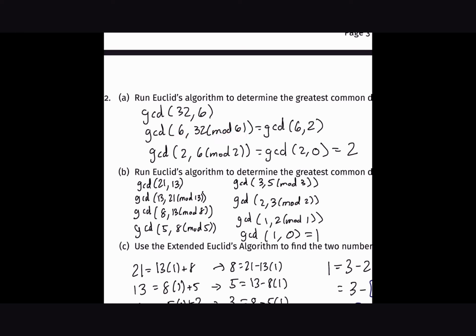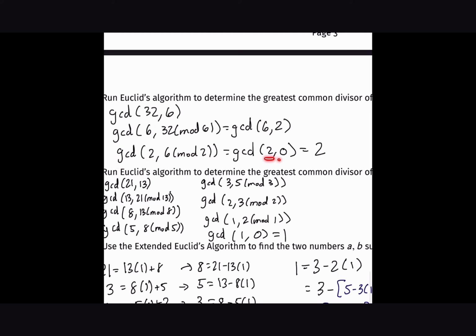So 32 mod 6 is 2 because 6 can go up to 30, and then we have 2 as a remainder. After this, we could flip these numbers to get GCD of 2, then take the remainder of 6 mod 2, which is 0. So once you reach 2 and 0, anything with 0, you know that the greatest common divisor is the other number. So in this case, GCD of 2, 0 is 2.